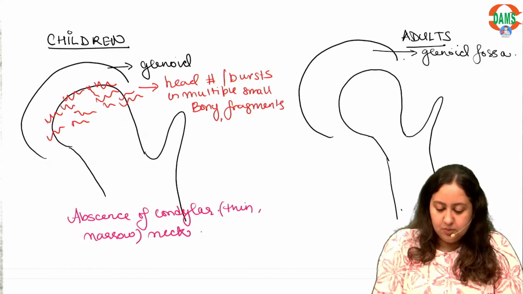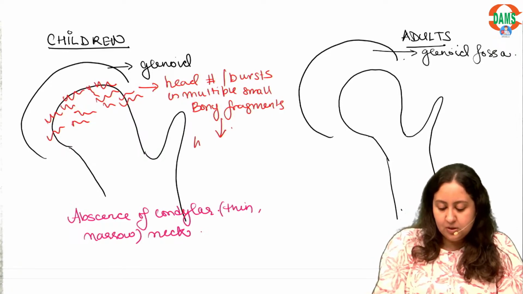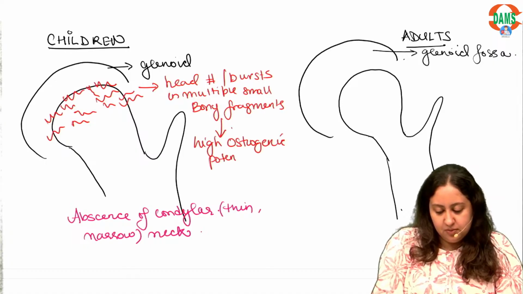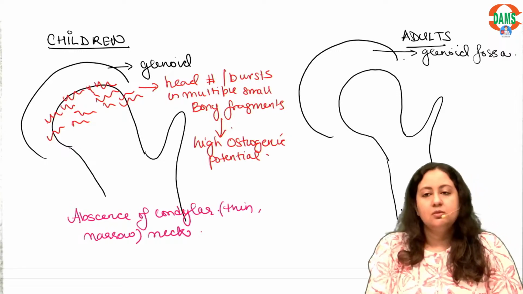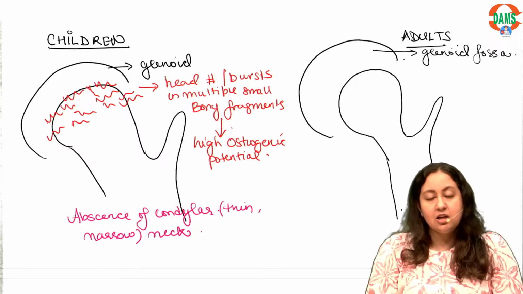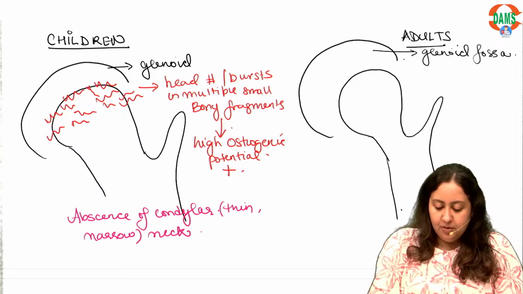Now, since it's a child, these individual bony fragments will have high osteogenic potential. Okay, and because there has been a fracture, there would be bleeding into the joint. So what will happen?